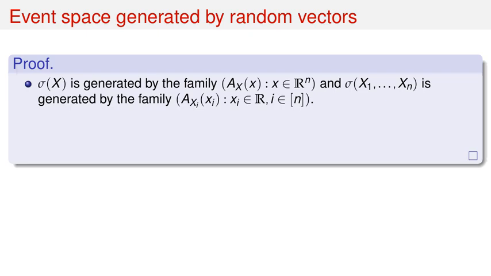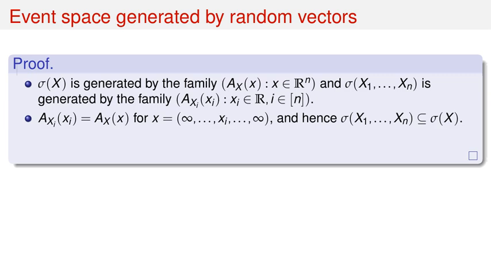Let's look at the proof. Sigma of X is generated by the family of events A sub x of x for x in R to the n. Sigma of X sub 1 and so on, X sub n is generated by the family of events A sub X sub i of x sub i for x sub i in R and i in 1 to n.